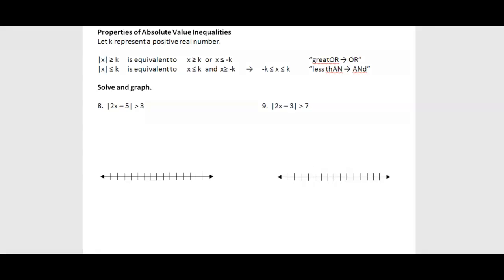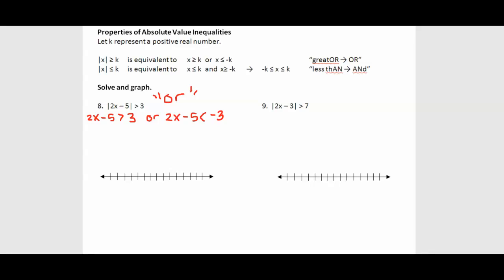That tells me that this is an "or" inequality, which means that when I write this, I'm going to say 2x minus 5 is greater than 3, or 2x minus 5, change the direction of the inequality, is less than, and just like when we were solving absolute value equations, it's the opposite of the other side. So it will be less than negative 3.